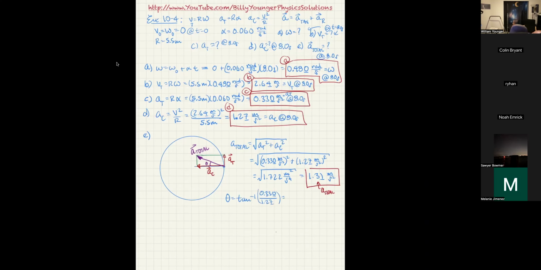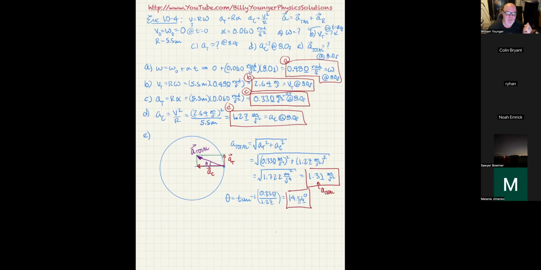Now I take the inverse tangent, shift tangent, 0.33 divided by 1.27, close parentheses. This gives me 14.56 degrees. And obviously, that's quite a bit more than what we're supposed to have in terms of sig figs. But the main thing is now we know what our total acceleration is.